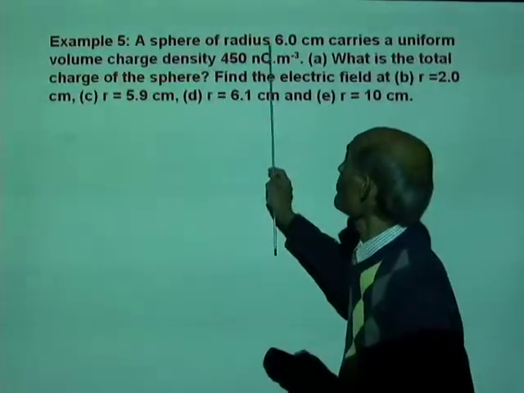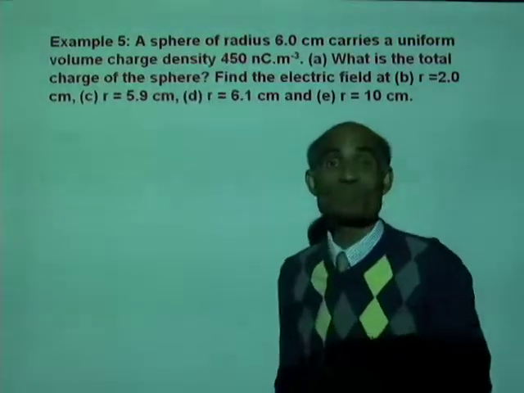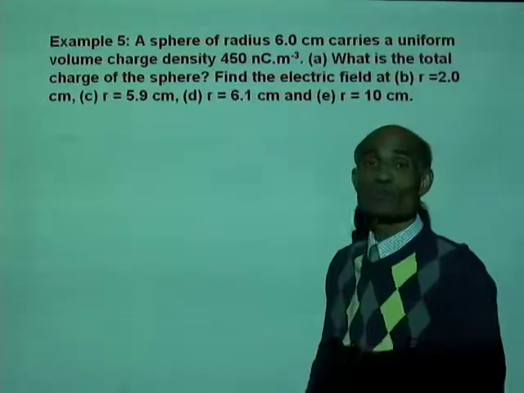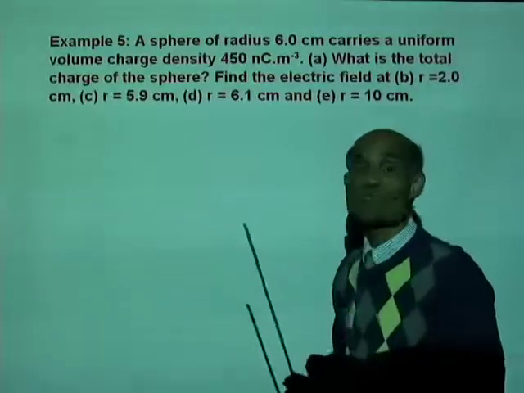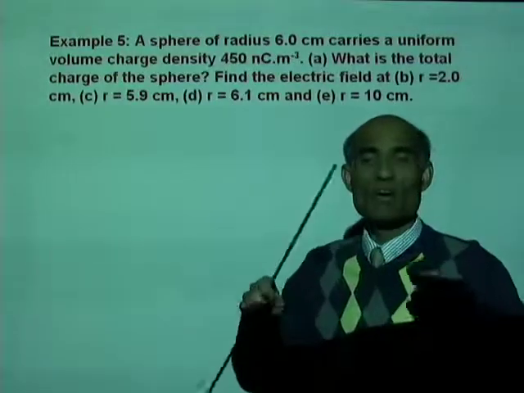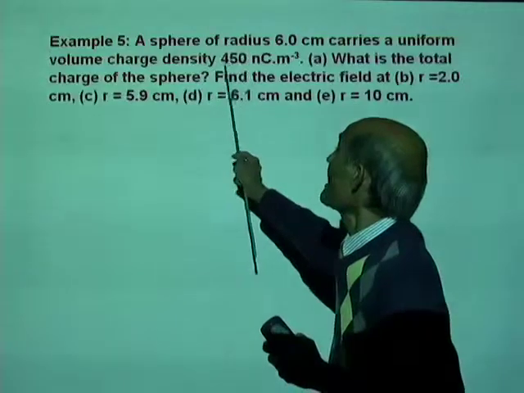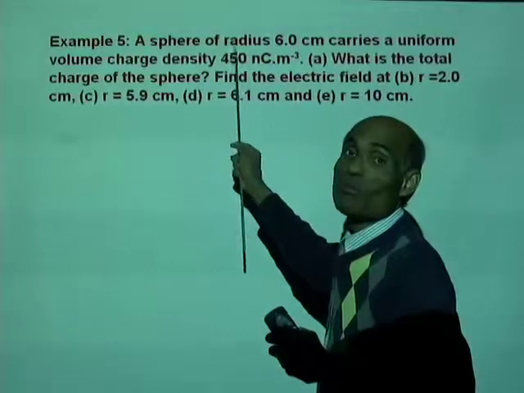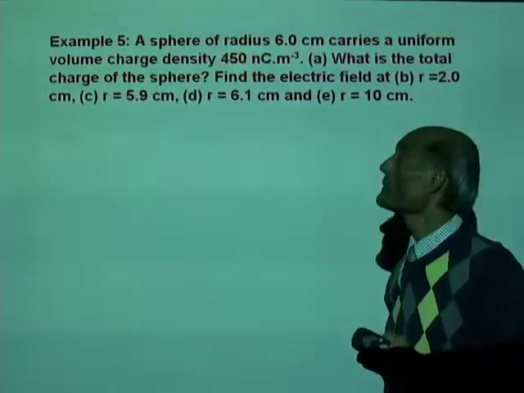A sphere of radius 6 centimeter carries a uniform volume charge density of 450 nanocoulomb per meter cubed. What is the total charge on the sphere? You can do that very easily. The total charge on the sphere will be the volume of the sphere multiplied by the volume charge density, rho.